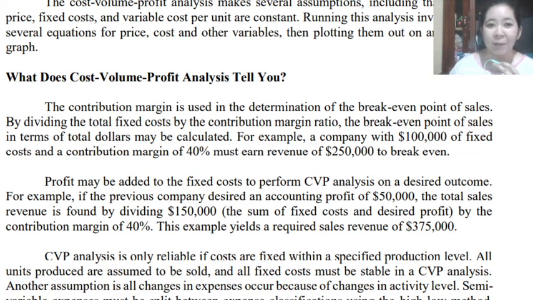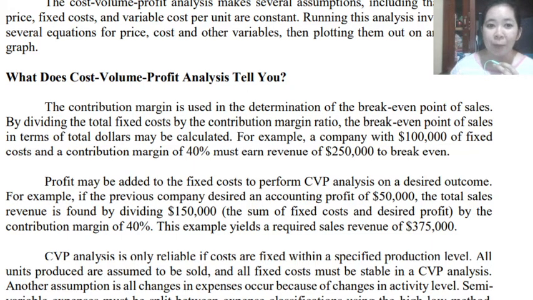So profit may be added to the fixed cost to perform our CVP analysis if an entity has a desired target outcome. So you can add the desired profit in the formula.